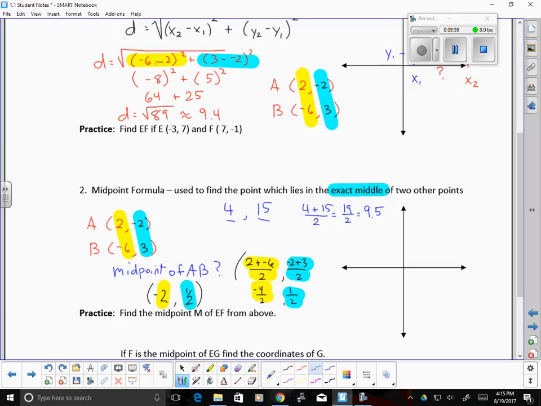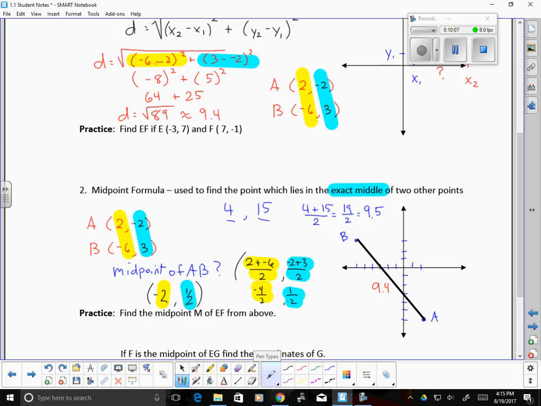So go over 2 and down 1, 2, 3, 4, 5, 6. There's A. Go back 6, 1, 2, 3, 4, 5, 6, and up 3. There's B. We saw up above that it's about 9.4 units from A to B. That's the distance, about 9.4.